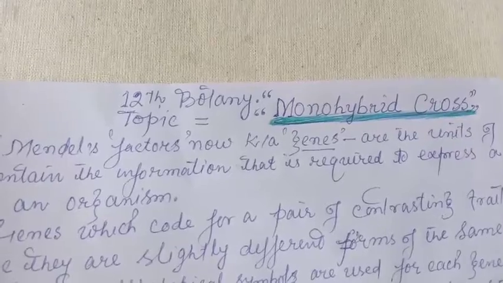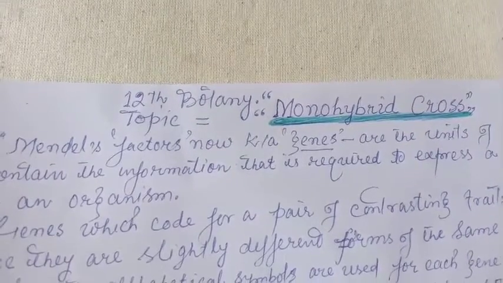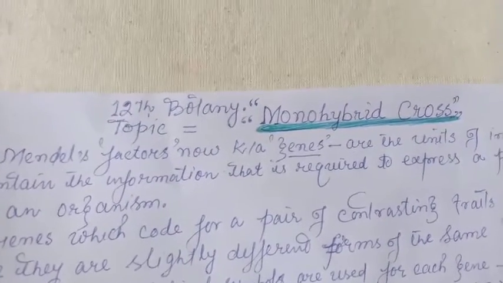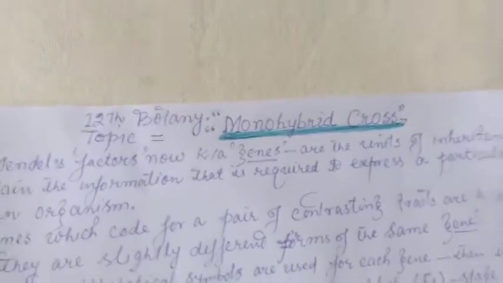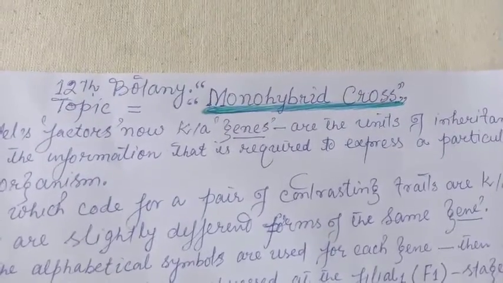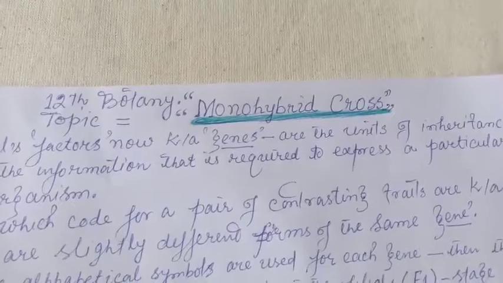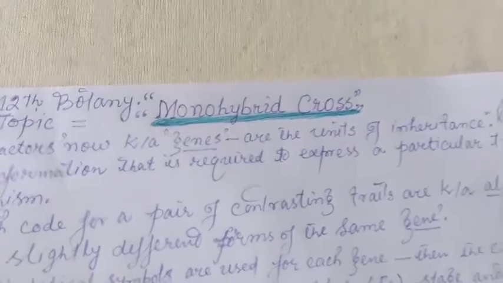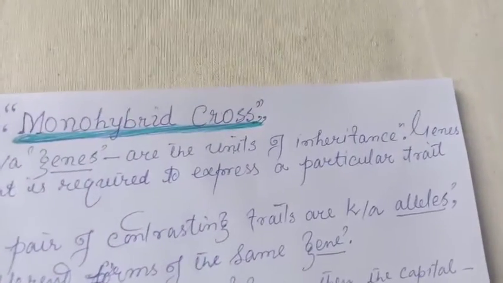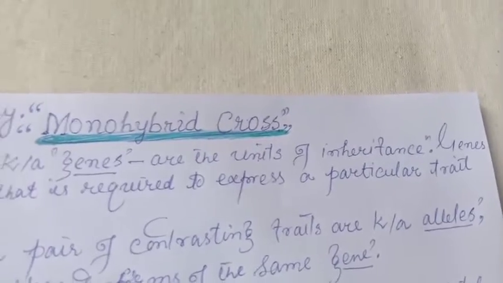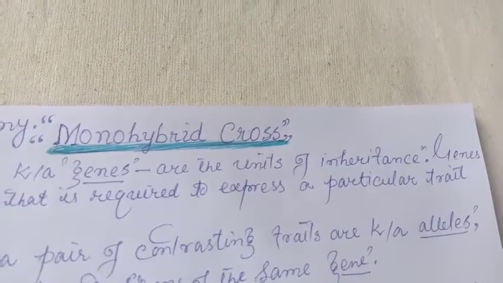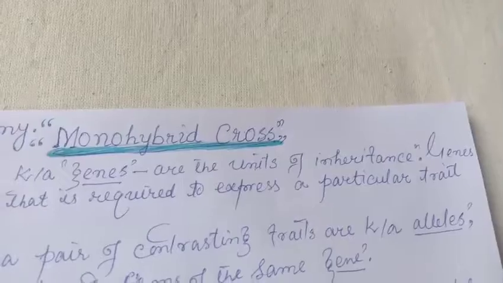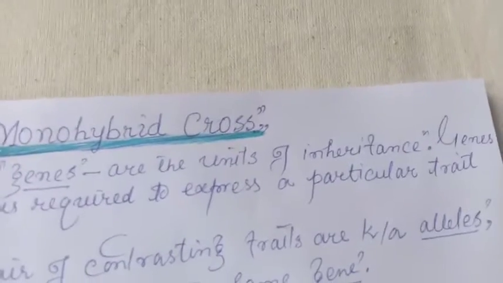Mendel's factors, which Mendel called factors, are now known as genes. Now we know them by the name genes. The genes are the units of inheritance. Basically, the genes which Mendel called factors are actually the units of inheritance.